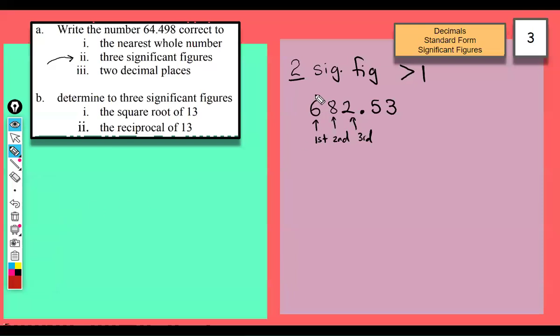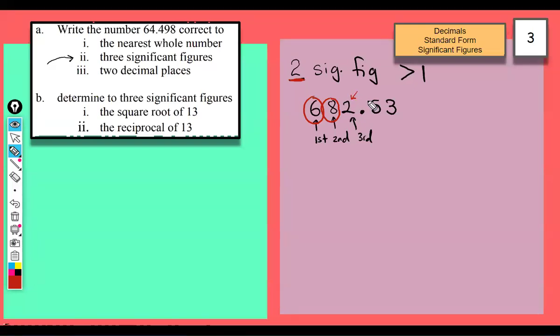So that means we only want number 1 and number 2. Do we really care about the rest of them? The answer is no. We really do not care about the rest of them. But if we only want 2 significant figures, after the second one would be the third one.